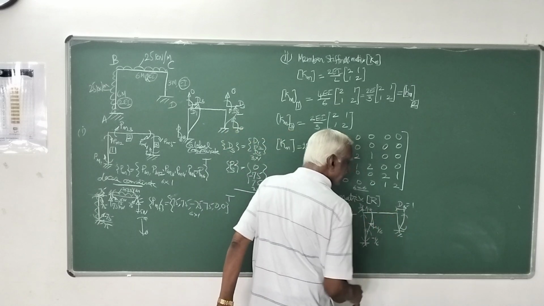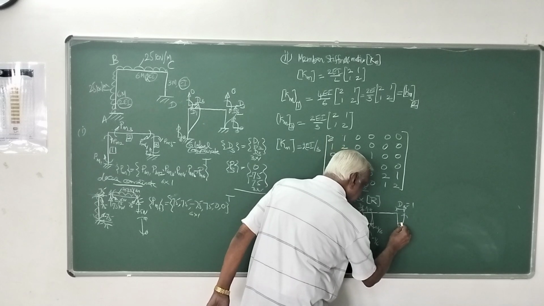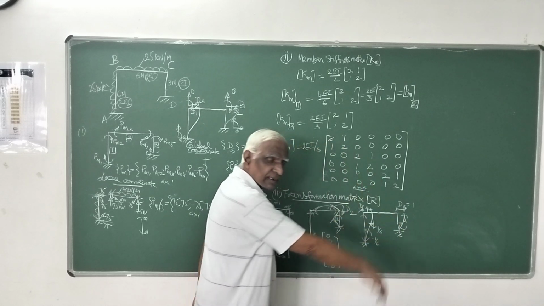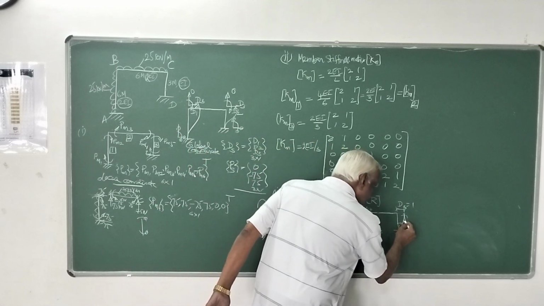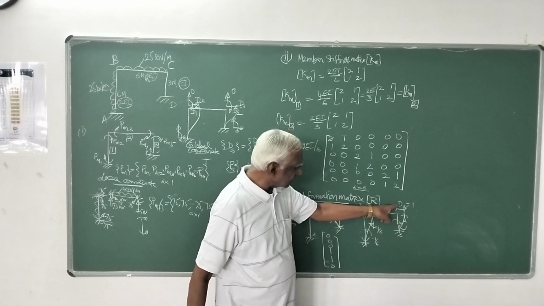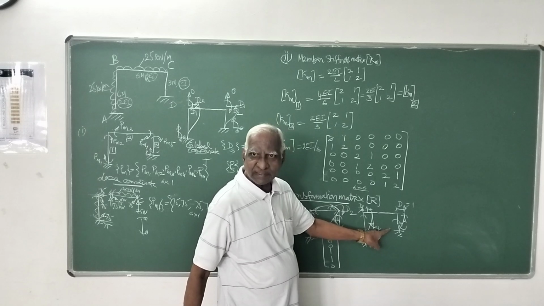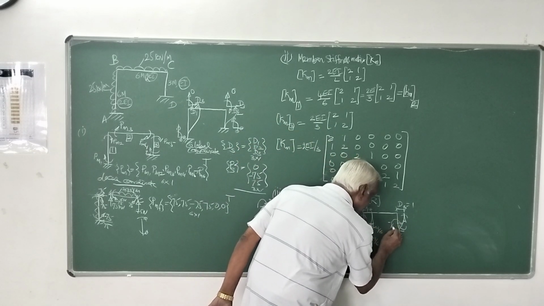Likewise here, when this has moved like this, it results in clockwise rotation of the chord. So here also on the same line, this will be tan theta. Tan theta is 1 divided by 3 here. So it is minus 1 by 3.